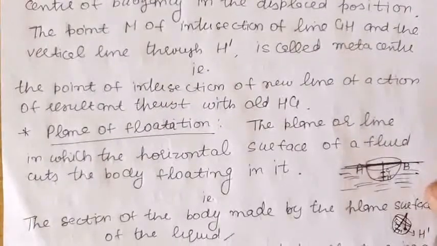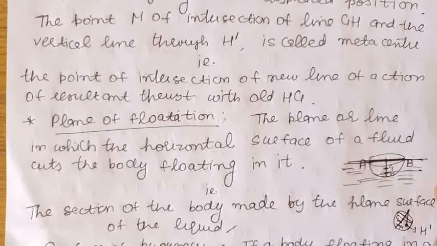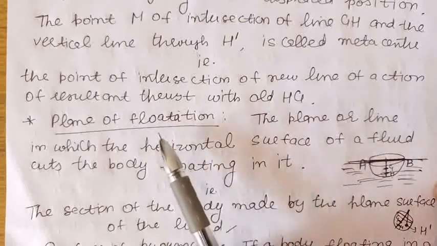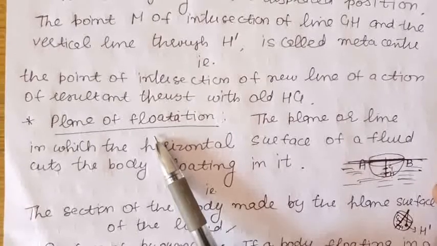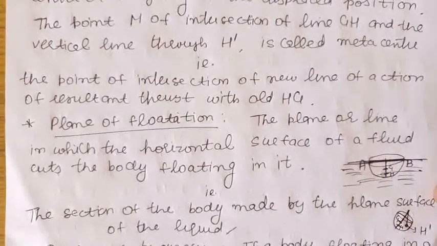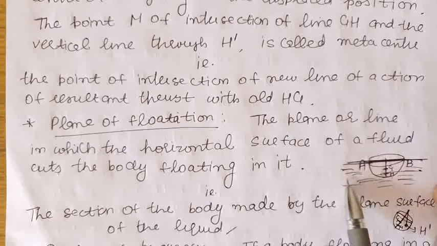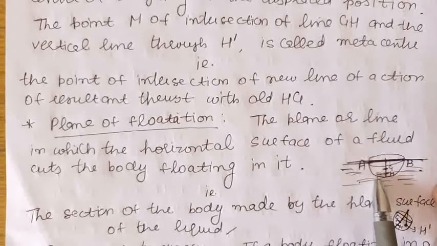Next, we define what is the plane of flotation. The plane of flotation is a plane or a line in which the horizontal surface of the fluid cuts the body floating in it. Suppose this is a fluid in which this body is floating.